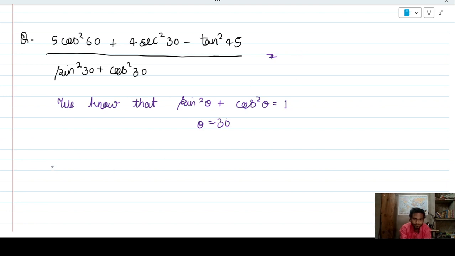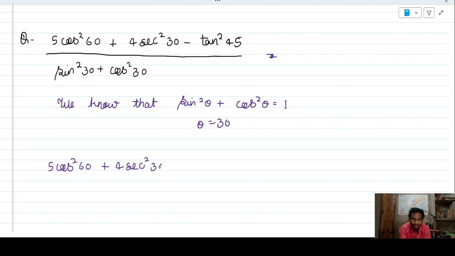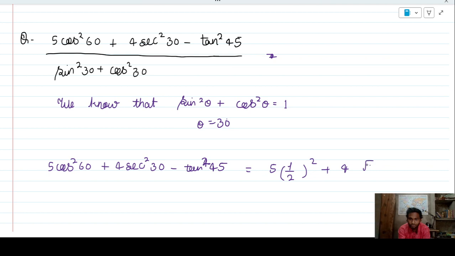Write it again. 5 cos squared 60 plus 4 sec squared 30 minus tan square 45. Value of this one: 5 cos square 60, value of cos 60 is 1 upon 2 whole square, plus 4 sec square 30, sec 30 is root 3 upon 2 reciprocal.